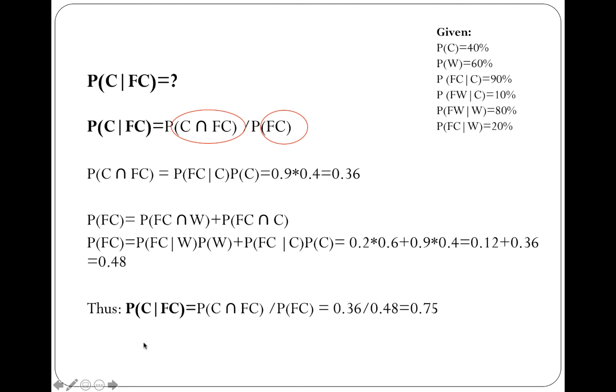That probability is 1 minus 0.75, which is 0.25. We calculated this one right now because we need both of them on the decision tree. So now that we calculated one, we can easily calculate the other one instead of going through all the calculations again.